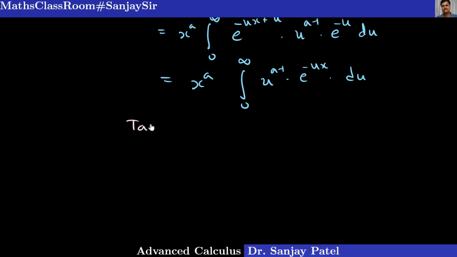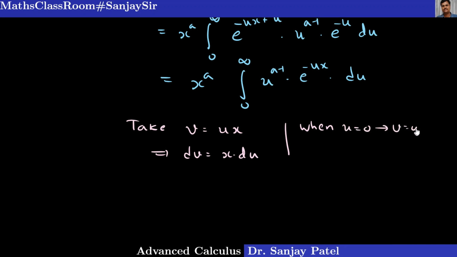So what should I do is, let me change this by taking a substitution. Take v is equal to ux, and therefore I can write dv is equal to x into du. Remember, x is constant, and also when u equal to 0, we have v is equal to 0. When u is equal to infinity, we have v is equal to infinity.